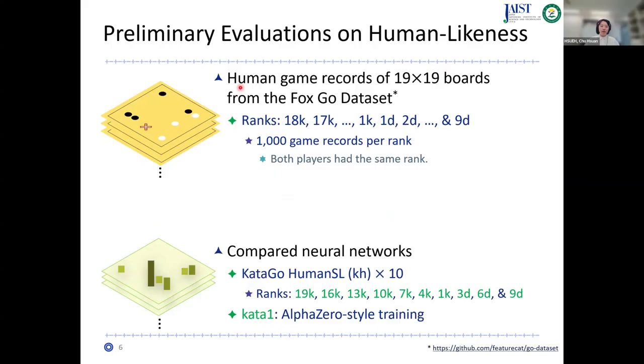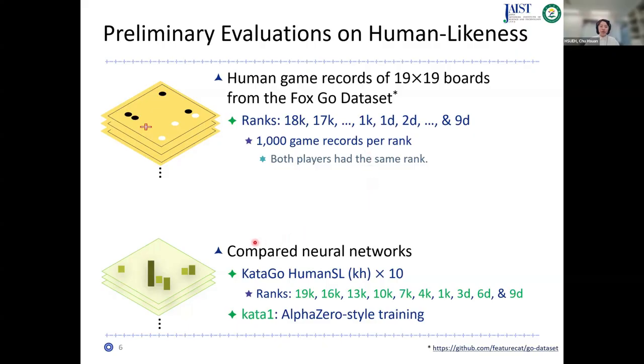So we collected 19 by 19 Go games played on the Fox Go server. The Fox Go dataset covers game records with ranks ranging from 18 kyu to 9 dan. We sampled 1,000 games per rank, and those games are where both players played with the same rank.